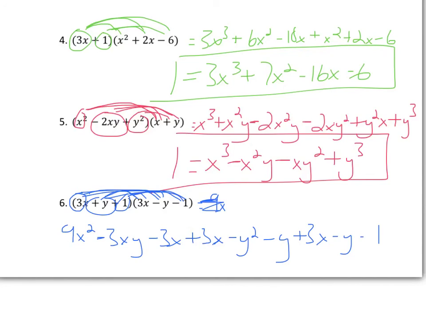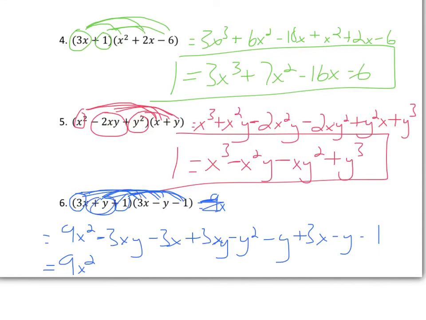Okay? Now with that, you have to combine all of our like terms. So this 9x squared, there's no like terms, so just leave it as it is. Minus 3xy does not have any. Oh, it does. Wait, I made a mistake. There's supposed to be a y there. Sorry. The y distributed to the 3x should have been a plus 3xy.